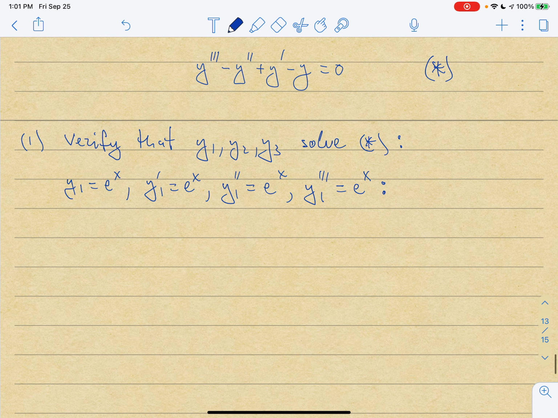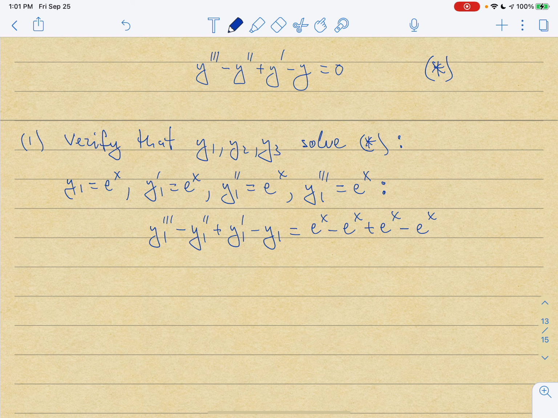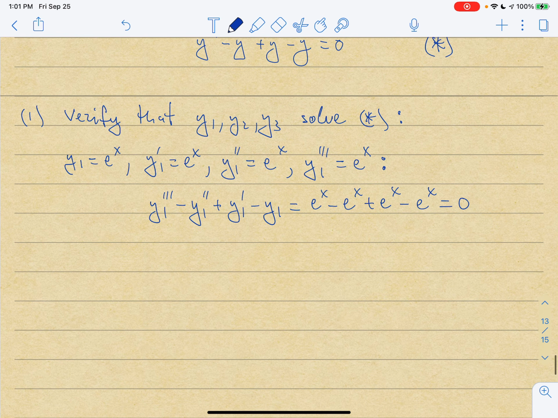So then we have that y1 triple prime minus y1 double prime plus y1 prime minus y1 is going to be e to the x minus e to the x plus e to the x minus e to the x. Of course, all e to the x is cancelled, so we get 0, and so therefore y1 solves equation star.